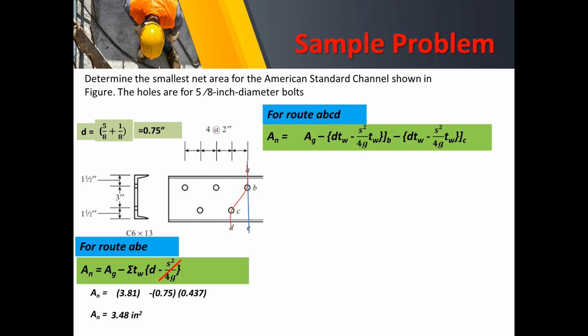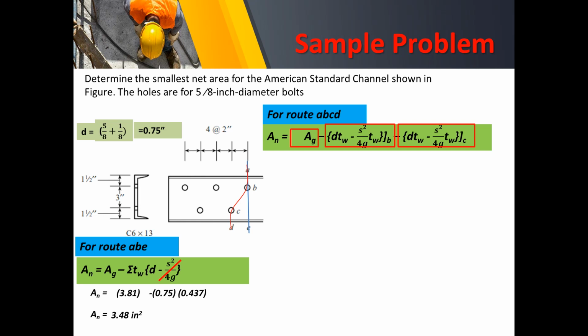So in here, you can have this equation that AN is equal to the gross area. Gross area is always present in your net area. Of course, the summation now would include the bolt at B with this equation. Again, the thickness is on the web, and the bolt at C here, so that we come up with the summation.